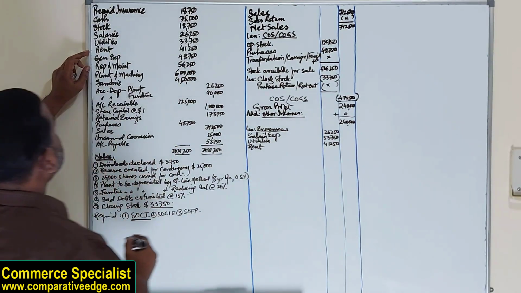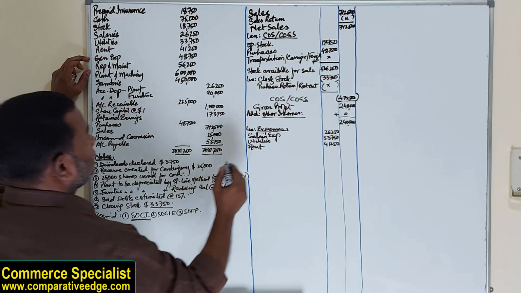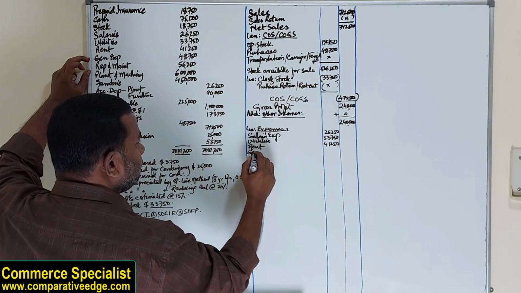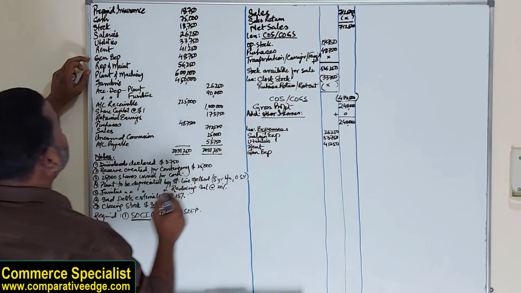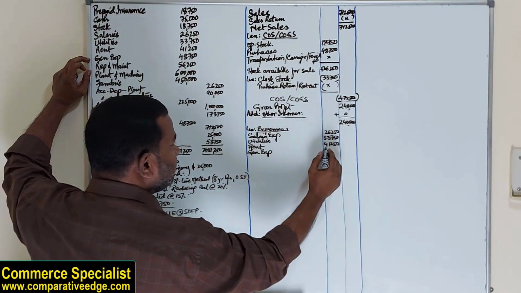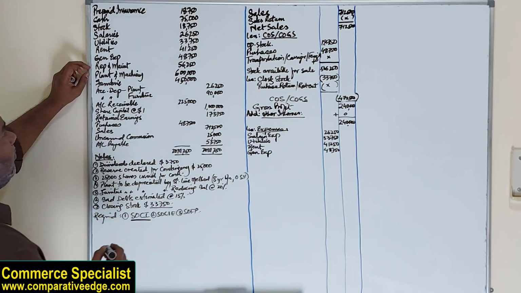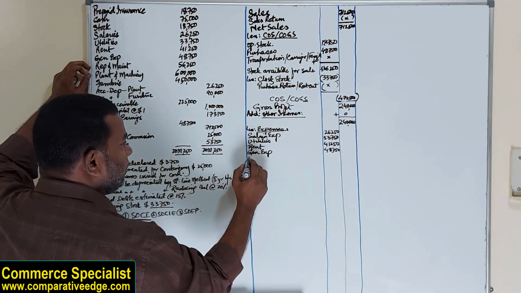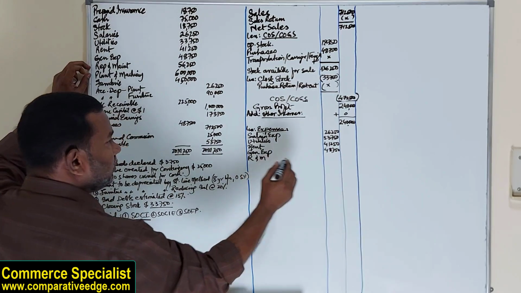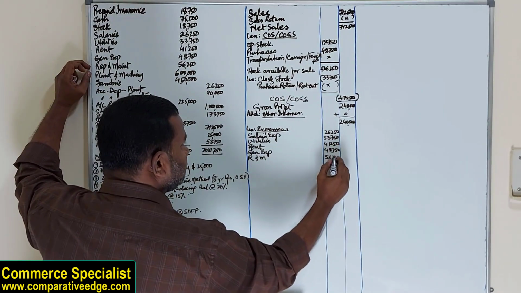General expenses, 48,750. Repair and maintenance, 56,250.